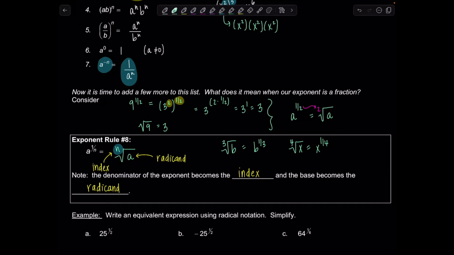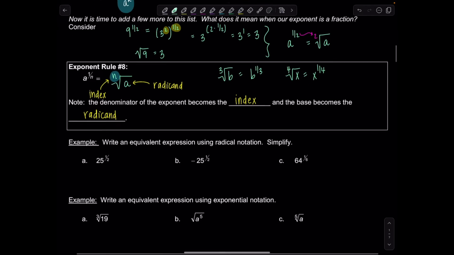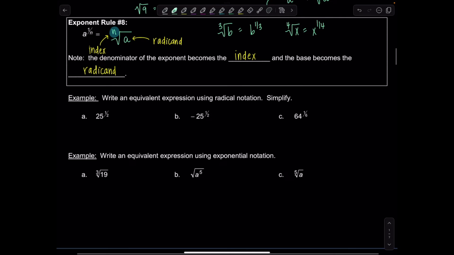This is very important to be able to do in calculus because this is how we apply our differentiation techniques. So now let's practice writing an equivalent expression using radical notation, and then we'll go the other way. We're just going to go back and forth between the two notations. So 25 to the 1/2 power is the same as the square root of 25. Then I can simplify that, that's just 5.